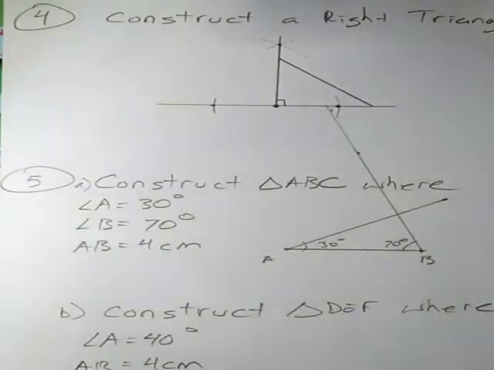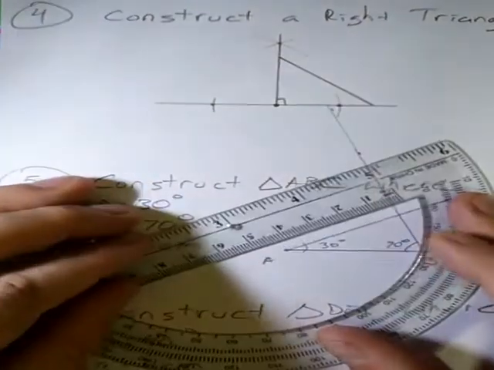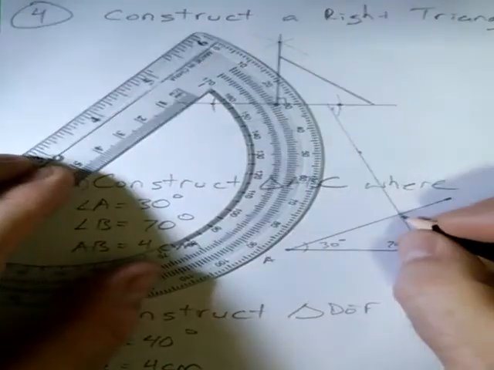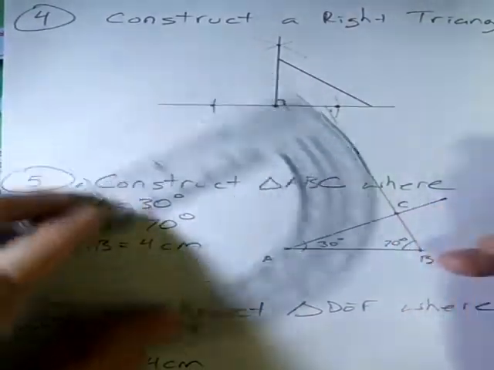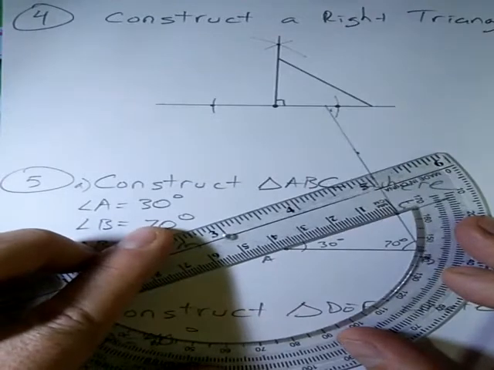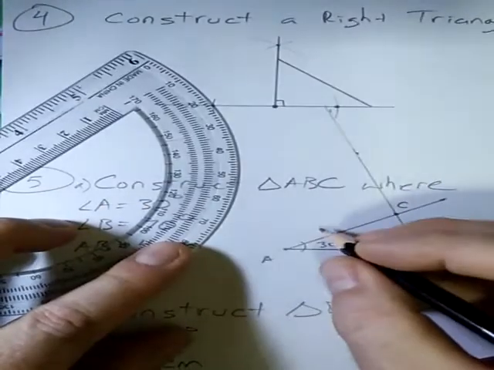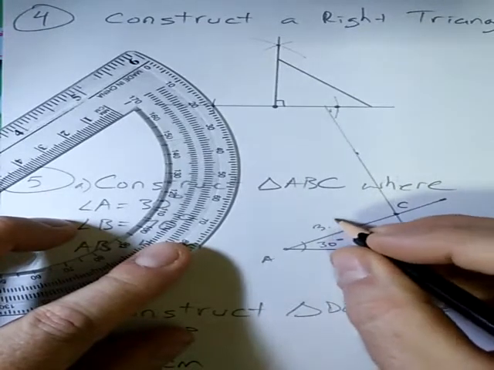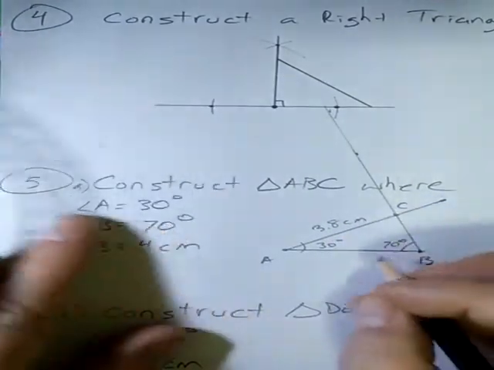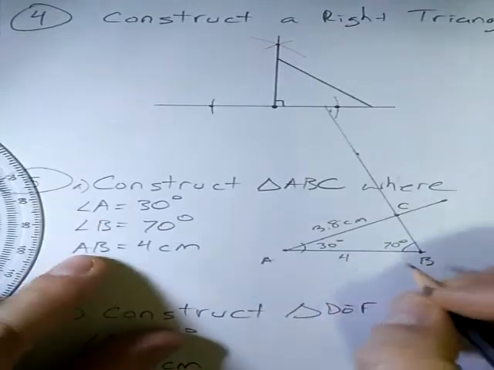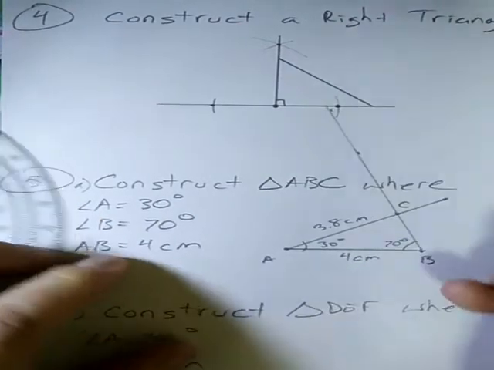I believe the question says also label all the sides and the angles, so I do want to label the length of these sides. So if I call this point C, side AC is 3.8 centimeters. AB was 4 centimeters.